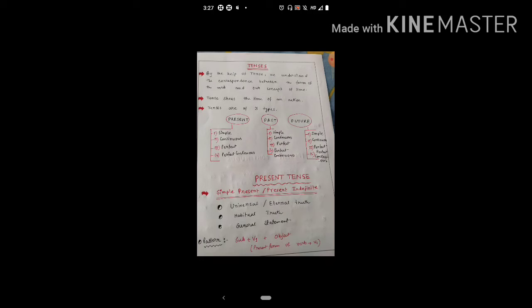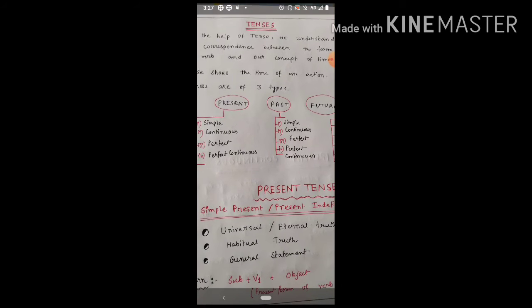The first point is simple present or present indefinite. Present indefinite tense is used in case of universal or eternal truth. It is also used in case of habitual truth and general statement.